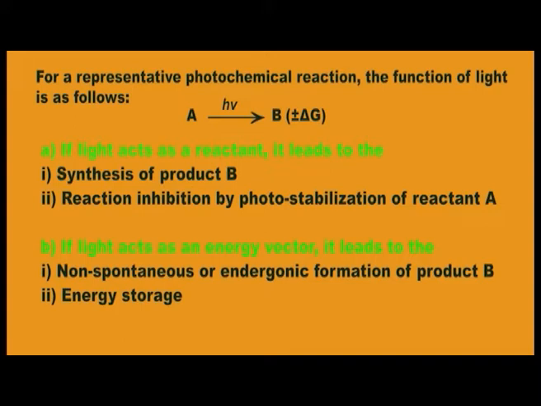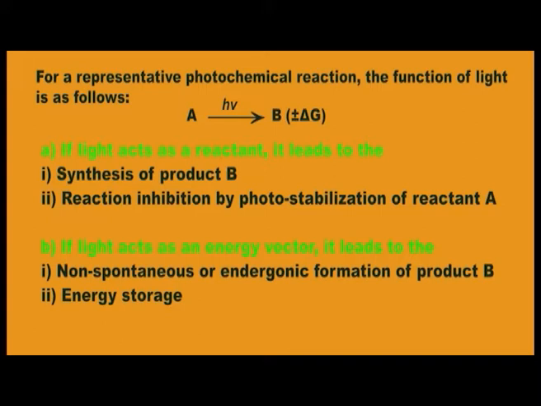Case 1, if light acts as a reactant, then it leads to the synthesis of product B, or it can inhibit the reaction by photostabilization of reactant A. Case 2, if light acts as an energy vector, it leads to the non-spontaneous or endergonic formation of product B and in the energy storage.